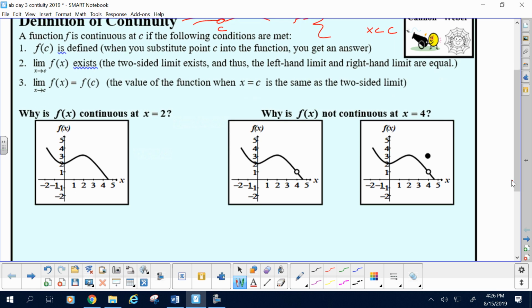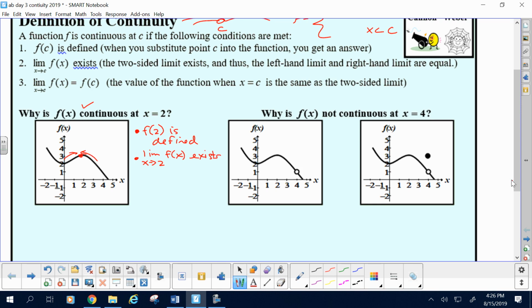First, reinforcing the concept. If I were to talk about this problem and say, why is f continuous at x equals 2, I could meet all the conditions. F at 2 is defined. It tells you there is a point at 2. It's also the case that the limit as x goes to 2 exists, and that's because the left hand and the right hand agree.